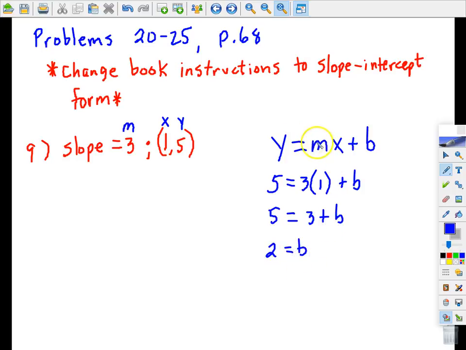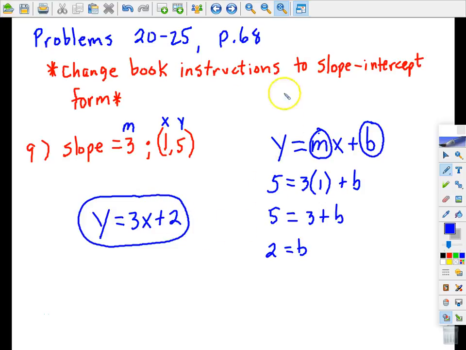Well, to write slope-intercept form, I basically need to know two numbers. I need to know the slope, which I'm given, and I need to know the y-intercept, which we just found. And so that makes writing the equation in slope-intercept form pretty easy. And so here will be my answer, y equals 3x plus 2.